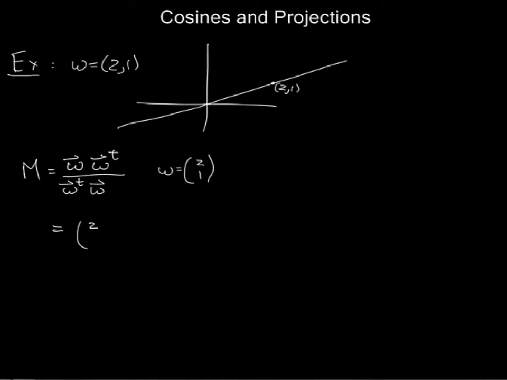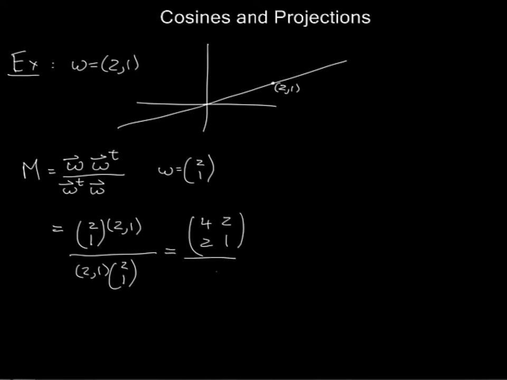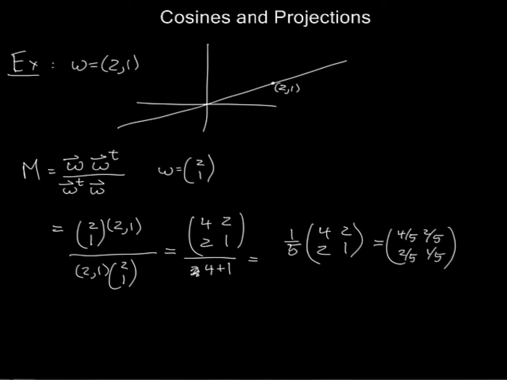So what you get is the column vector 2, 1 times the row vector 2, 1 over the row vector 2, 1 times the column vector 2, 1. The numerator becomes 4, 2, 2, 1. And the denominator is 5. So we're getting 1/5 times this matrix. And notice the matrix is symmetric. You can also bring the 1/5 in if you want. That's the matrix of this projection.